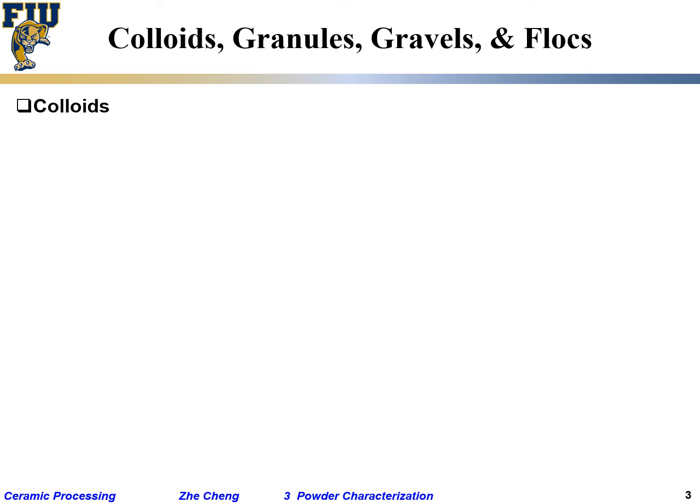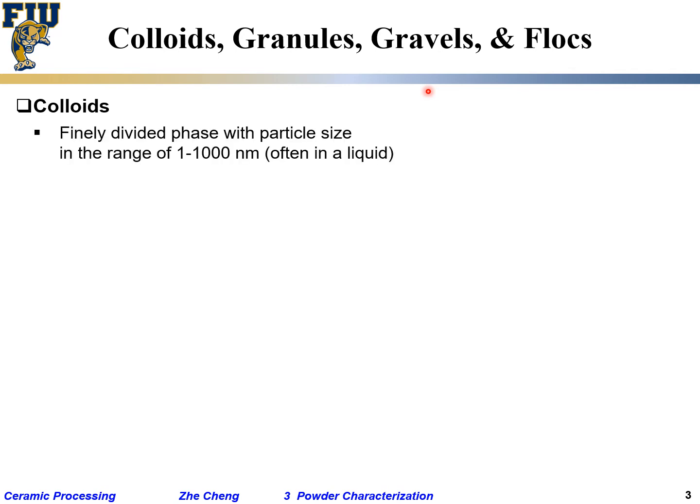and a few other concepts. You have heard colloids, granules, gravels, and flux. Okay, you will see these typically more in a production setting. Colloids: finely divided particles with particle size in the range of 1 to 1000 nanometers, submicron.